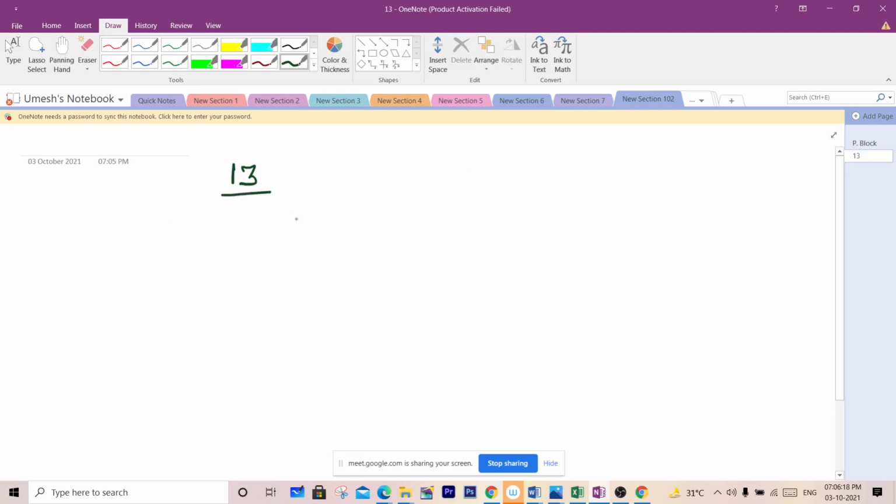Group number 13 has boron, aluminum, gallium, indium, and thallium. Atomic numbers 5, 13, 31, 49, and 81.